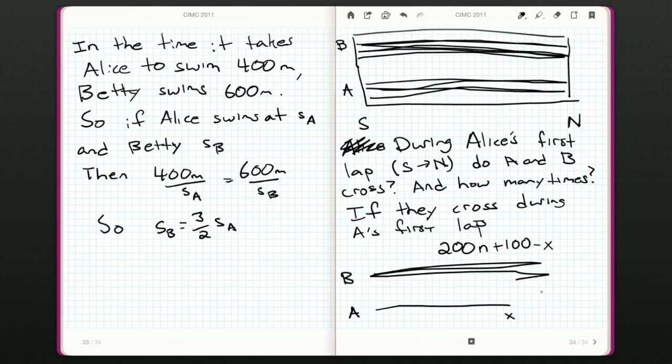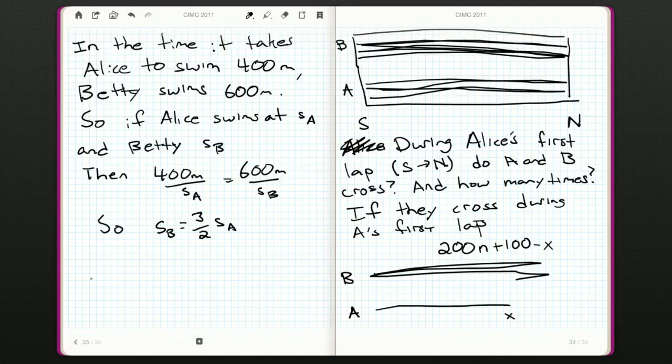So what we need to do is, we have an equation in terms of X. Could we find out where X might be and what N might be? What possibilities for N and X there are, knowing that their speeds have this ratio.